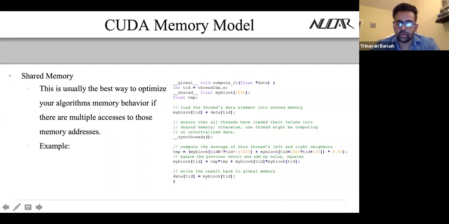It might crash, but in this case, at least, you will read wrong data, because the thread may not have finished writing to this block. So is the concept of synchronization clear to everyone? I'll take that as a yes.